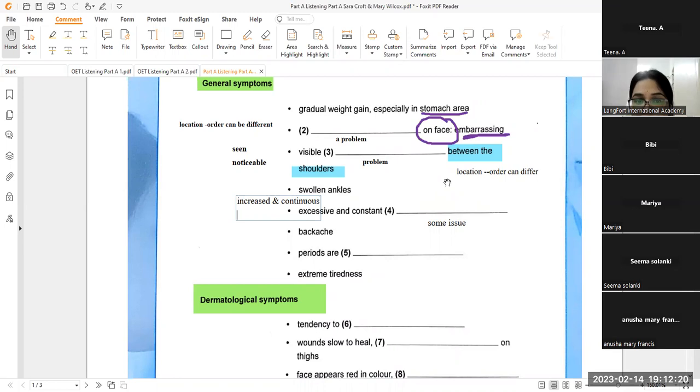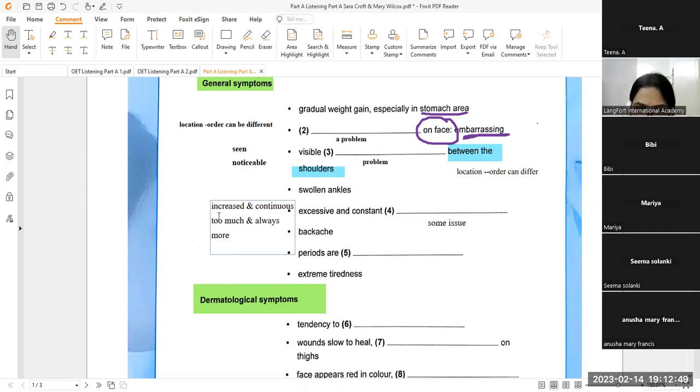Repetition, constant. Continuous. Too much and always, right? Anything else? Too much. Yeah, excessive or too much, right? Or any other word instead of too much. Increase, I'll take too much. Any other word? More. Okay.